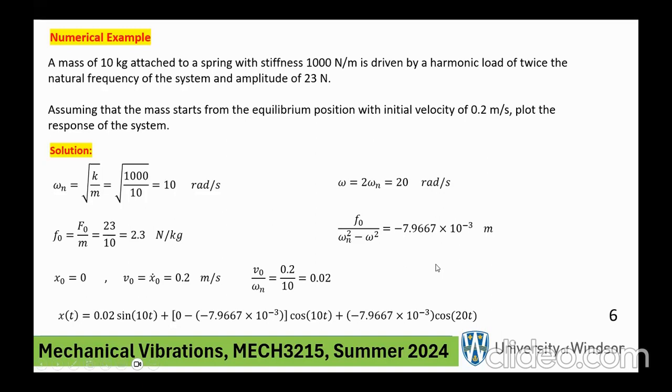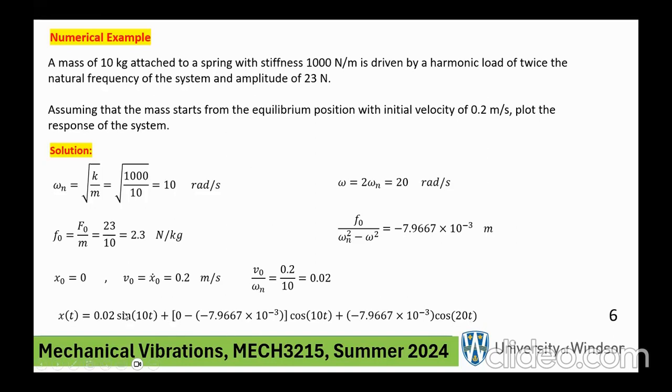Remember, it had two parts. It had sine and cosine of the omega n t type, and there was this expression, that guy, times cosine of omega t.